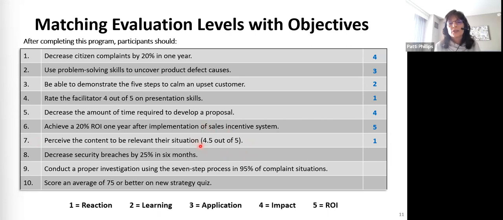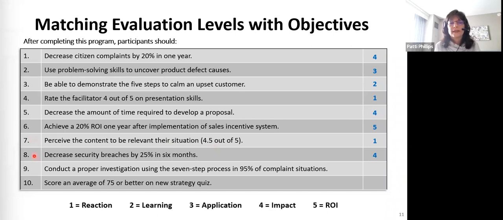Sometimes because we have a target here, it throws people off, but technically all of your objectives should have targets, because the intent is to evaluate your program to see if in fact you met the objective. And the only way we know if we met the objective is if we have a target to compare. So that would be a 1.